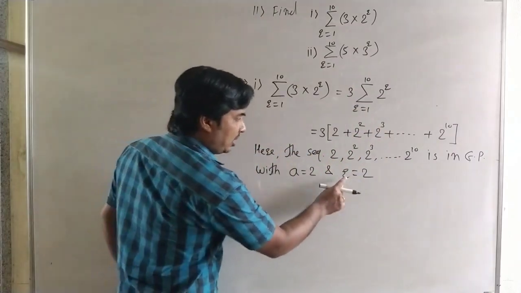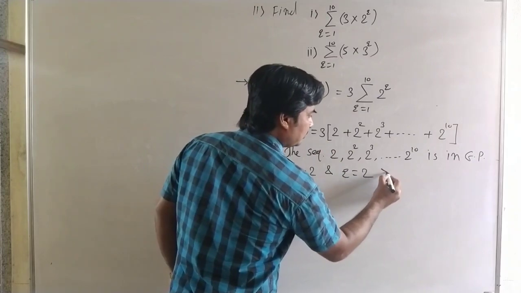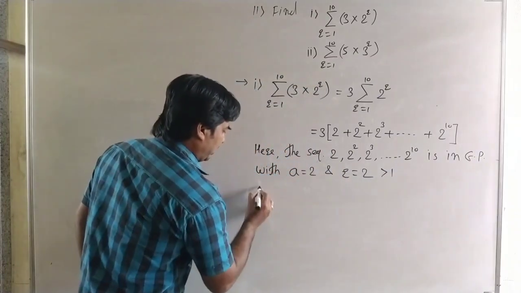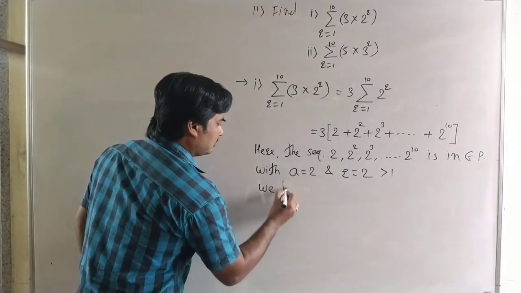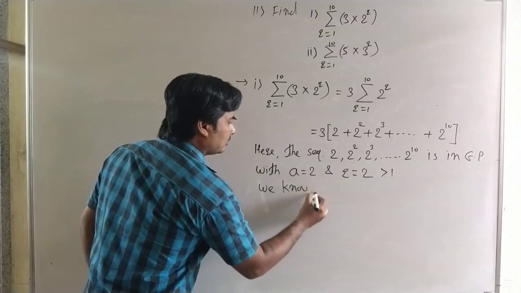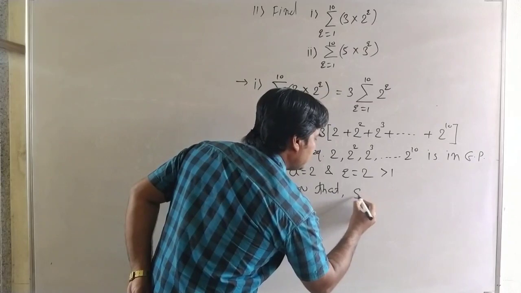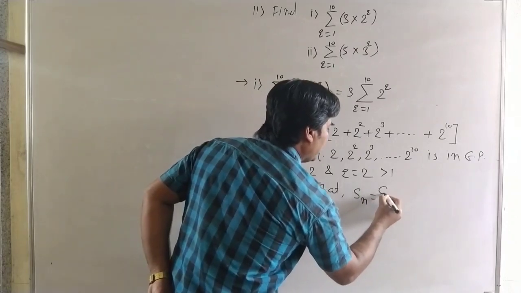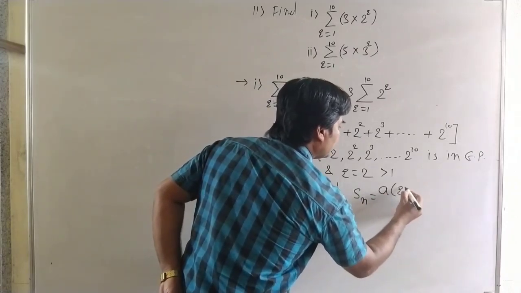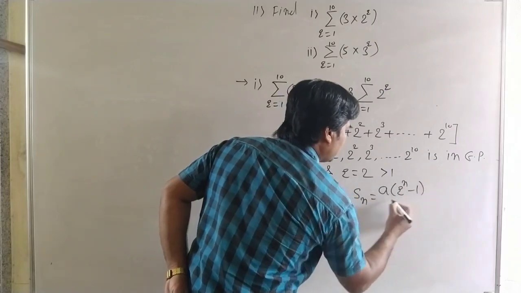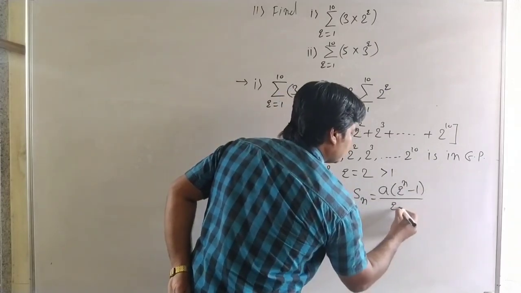And see carefully here, 2 is greater than 1. Then we know that Sn is equal to a into r to the power n minus 1 upon r minus 1.